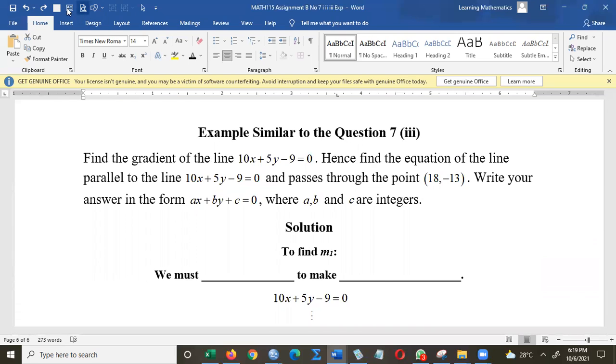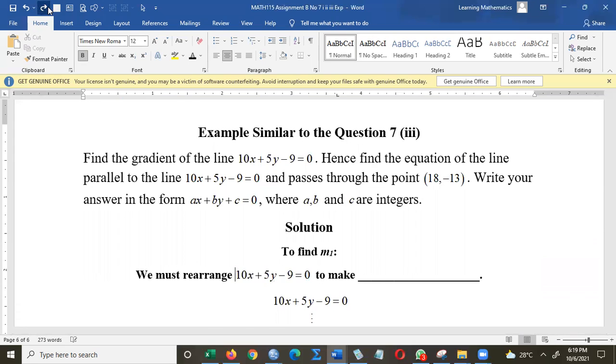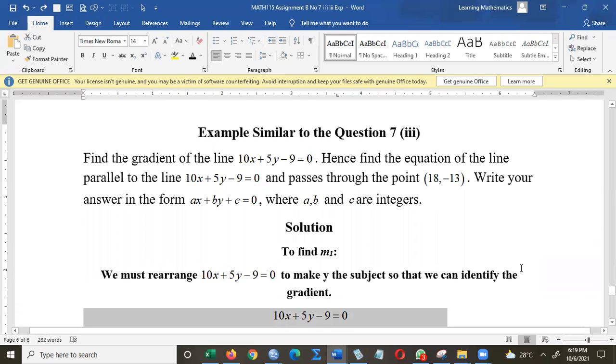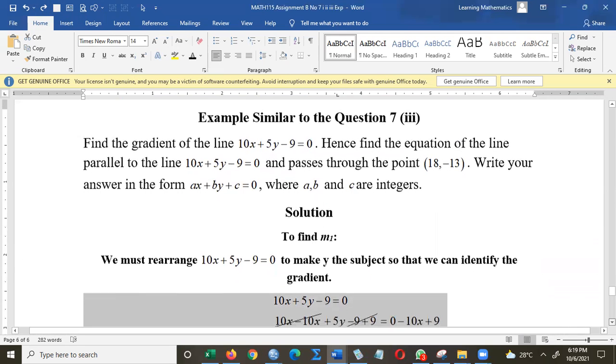So in our solution for the example, just to reiterate, we must rearrange 10x plus 5y minus 9 equals 0 to make y the subject of the formula, okay, so that we can know what the gradient of that line is. Okay, so let's rearrange. How to rearrange?